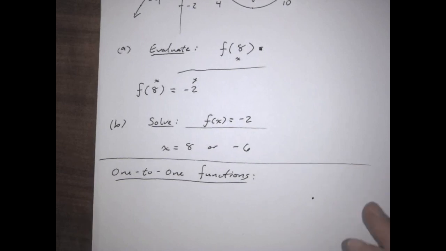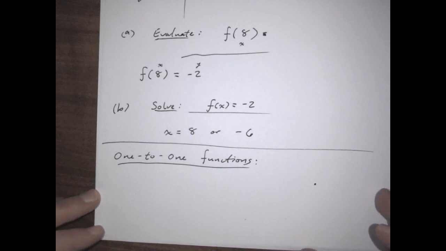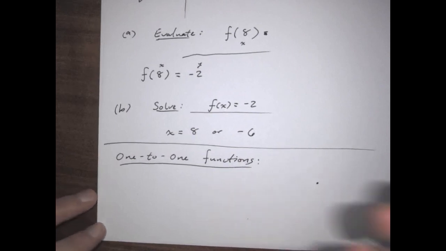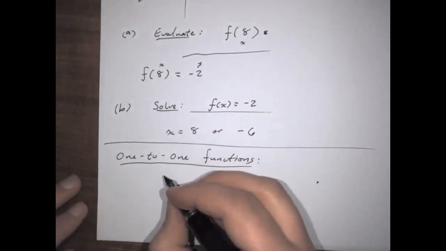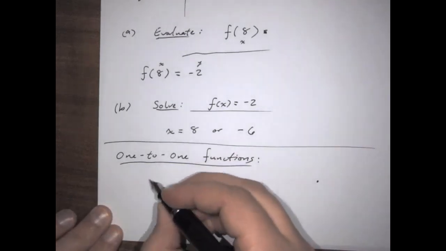But sometimes it goes the other way too, and that's what it means to be a one-to-one function. Each one x value gives one y value. So the way to test this is basically whether it passes not the vertical line test, but the horizontal line test.